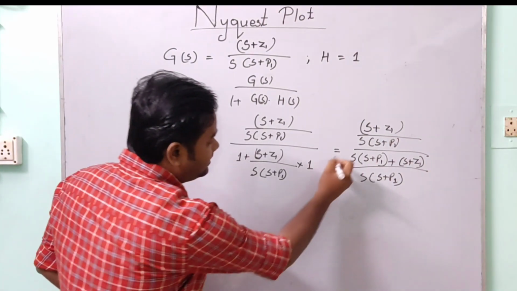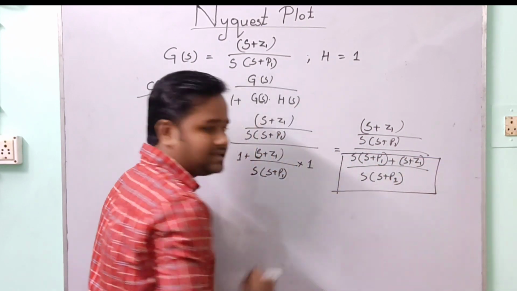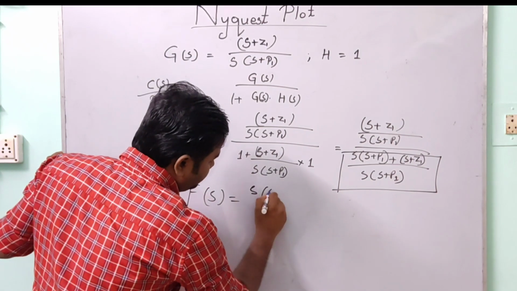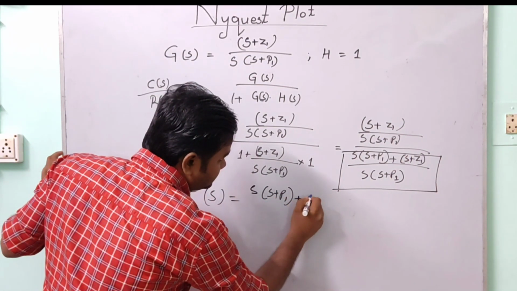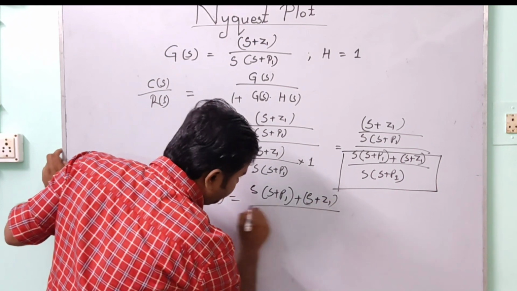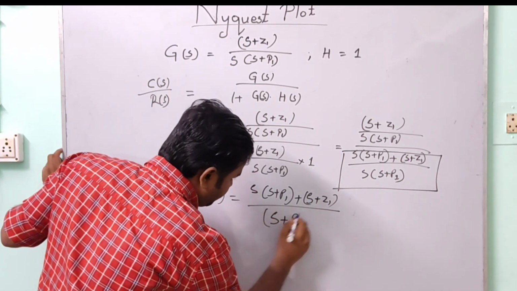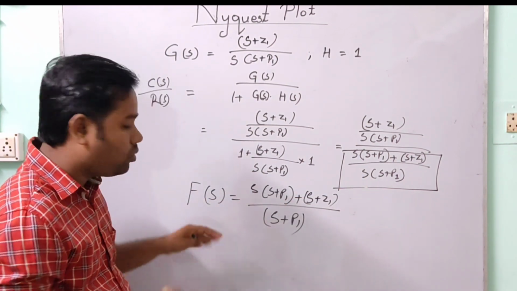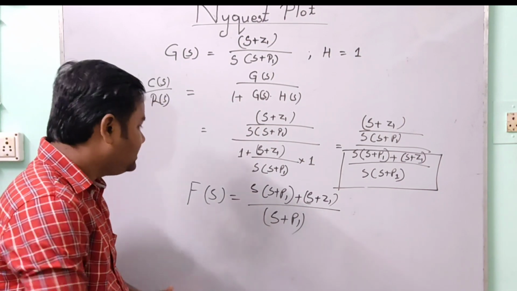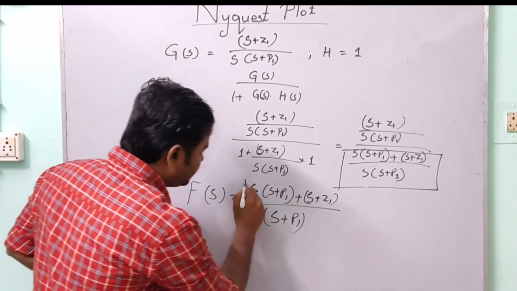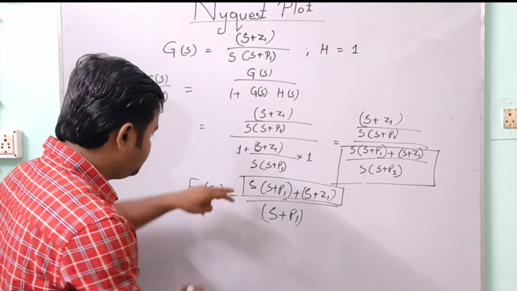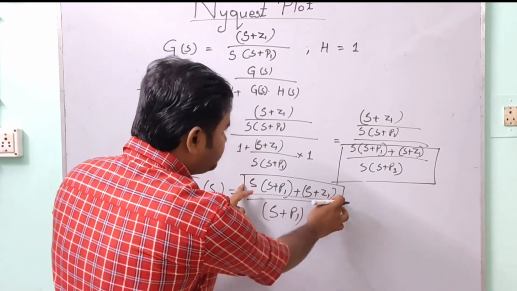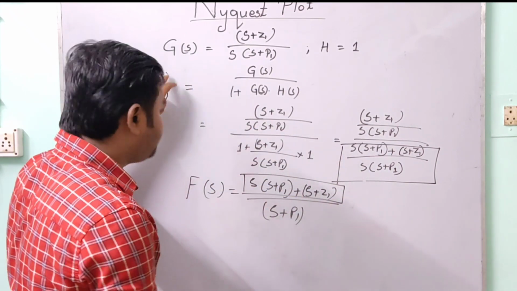If I take the denominator part as F(s), suppose F(s) is equal to s into (s plus p1) plus (s plus z1), divided by s into (s plus p1). Then in F(s), what are the zeros and what are the poles? The zero term is this one, and it is placed at the pole term of C(s) by R(s).